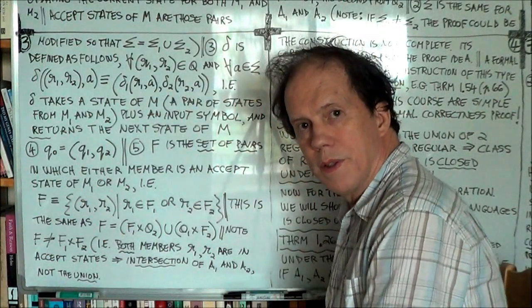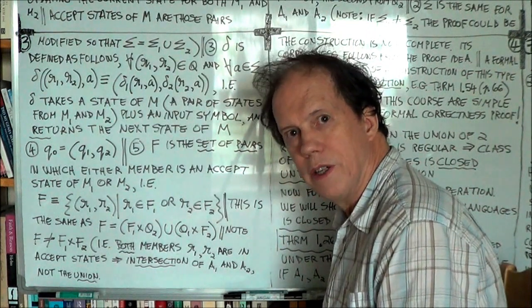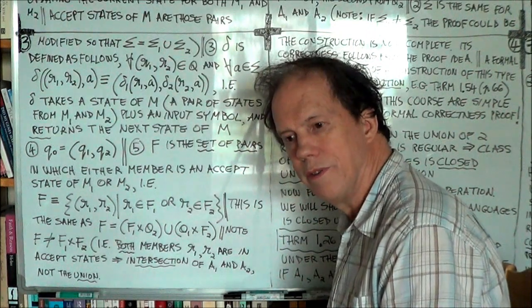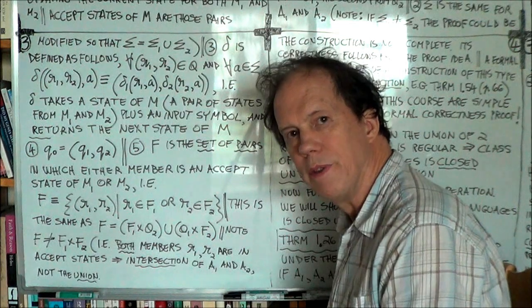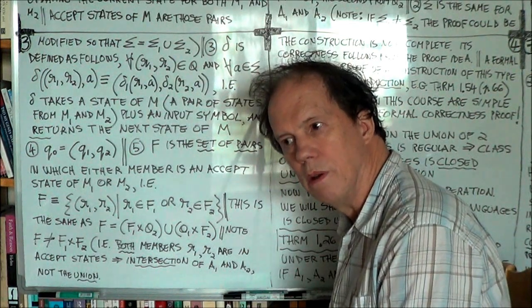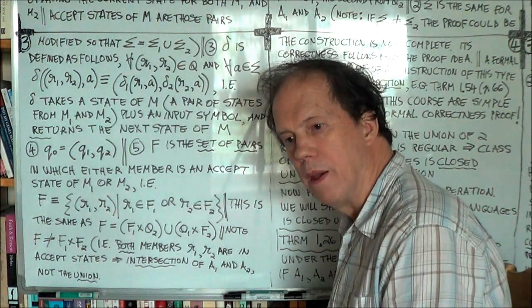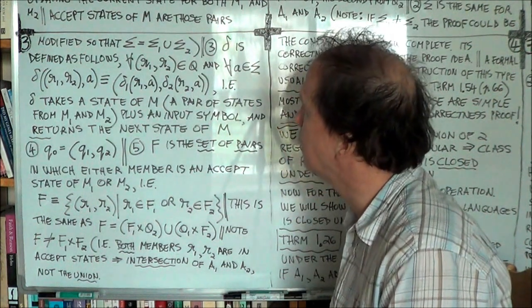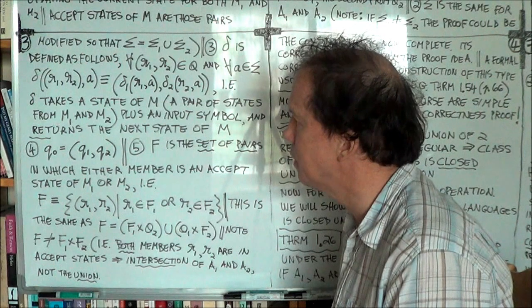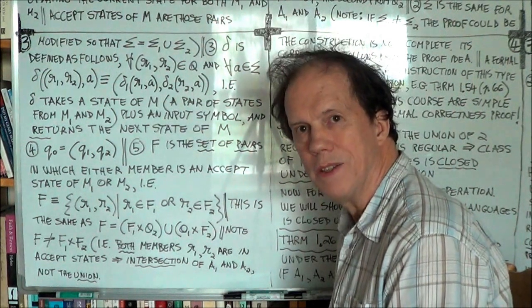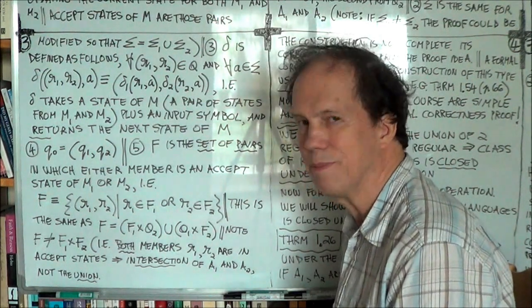Right, so we've discussed the first two of the five members of the five-tuple in the formal definition of M. Now we do the third one, which is the very heart of the proof.